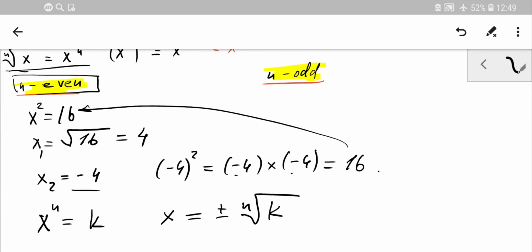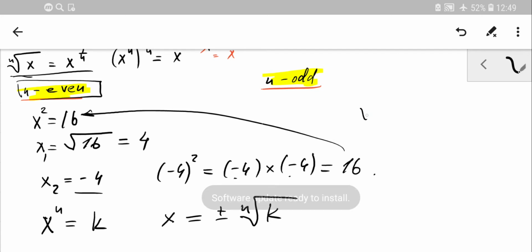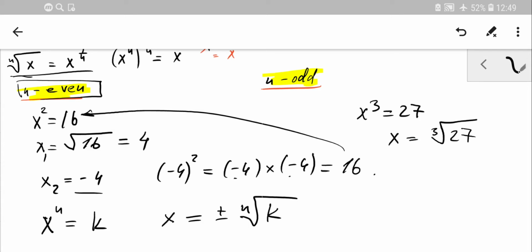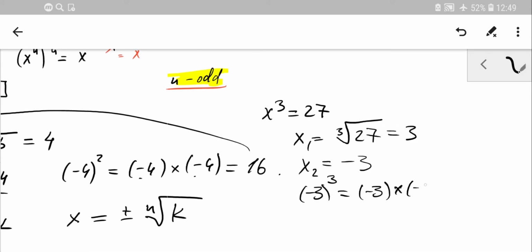When n is odd, like in the case x cubed equals 27, you apply the same approach. You take the cubic root of 27, and you'll get finally 3. If you want to say that it might be negative, let's check it. Might it also be possible to have negative 3 as a solution? Negative 3 cubed is simply negative 3 times itself and times itself again.